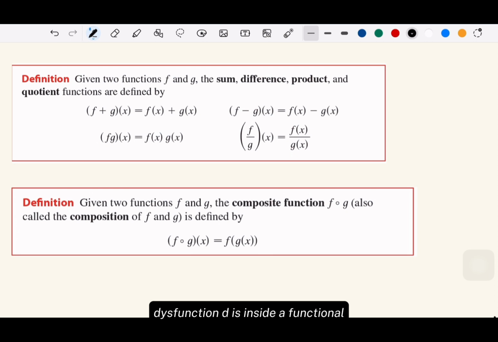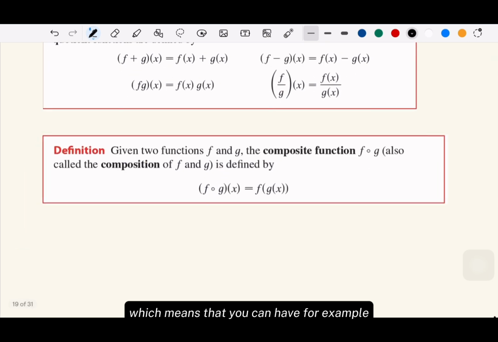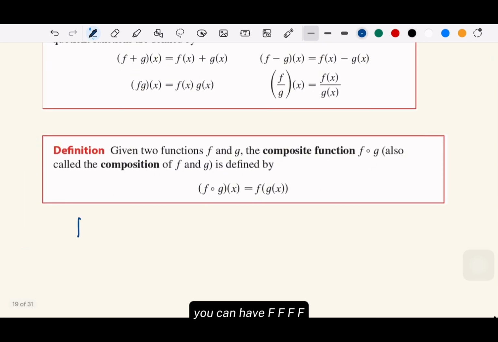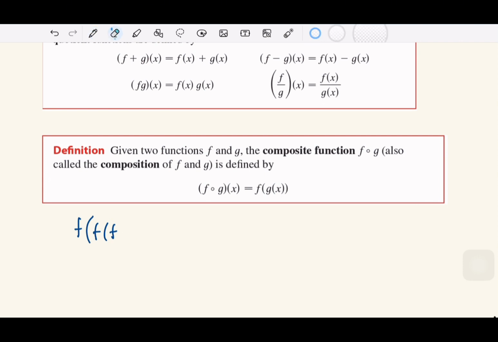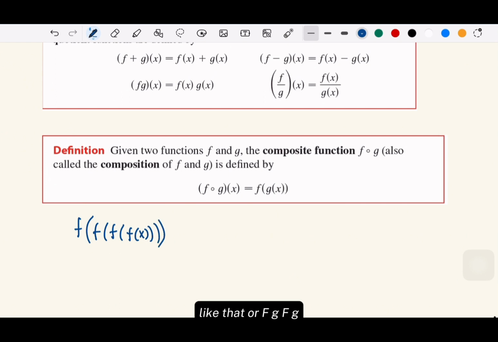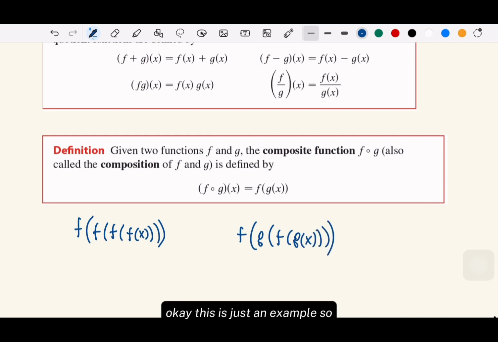function g is inside a function f of x. So any function can be inside another function, and it can be done repeatedly, which means that you can have, for example, f of g of h of x, like that. This is just an example.